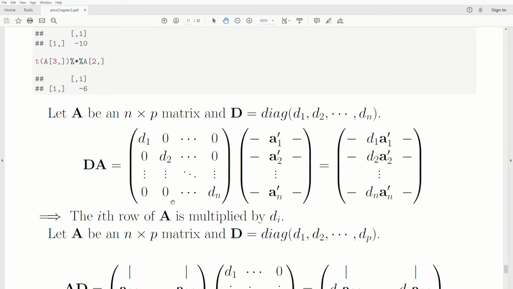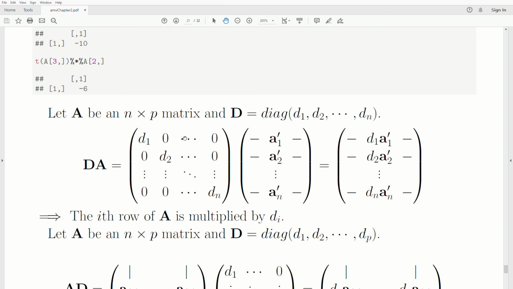Now the last concept is diagonal matrices, and what happens when you multiply one times a matrix. So let A be an n by p matrix and D be an n by n diagonal matrix with entries D1, D2 to Dn. Now this is A, so these are the rows of A. Notice there's no parentheses around that 1. And there are n rows.